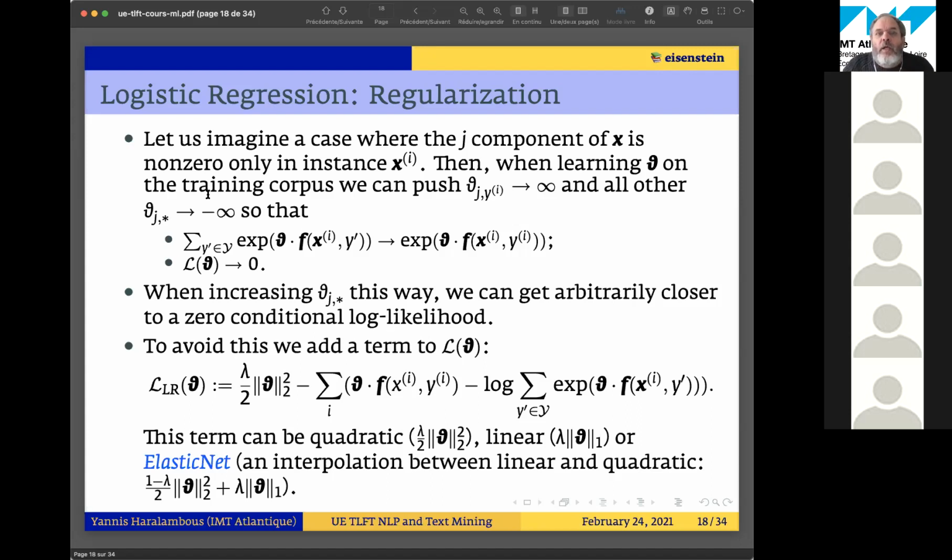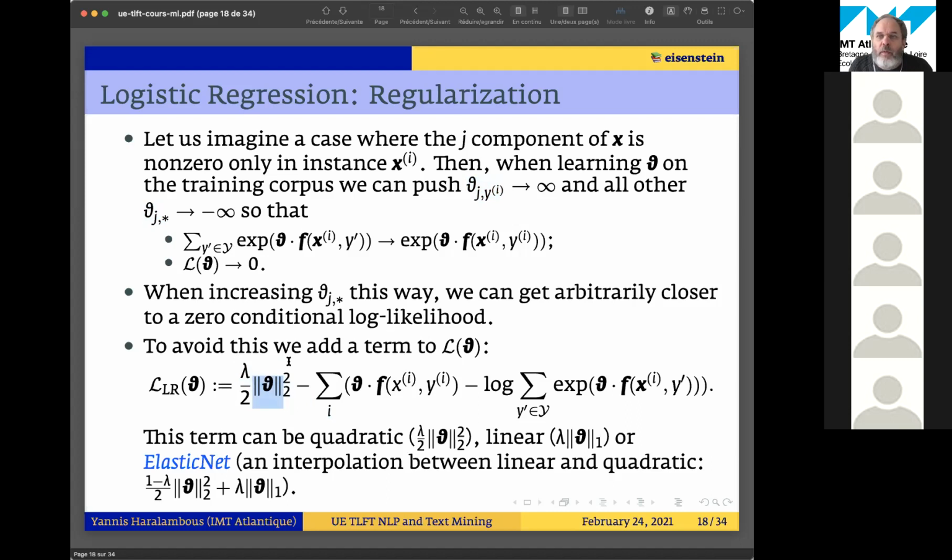Okay, how can we avoid this? Well, how do I cheat? I cheat by putting higher thetas in one case and negative big thetas in the other case. So to avoid cheating, I'm adding to my likelihood or to my loss function the norm of theta.